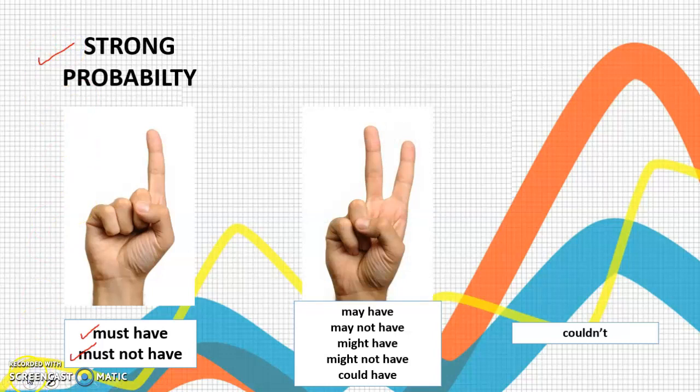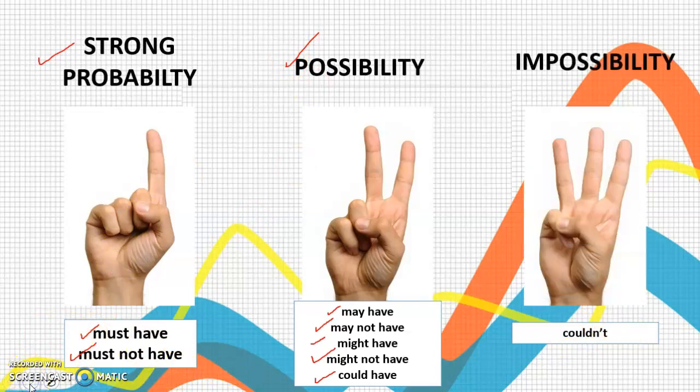When we use this other group of modal verbs, may have, may not have, might have, might not have, or could have, we are expressing a possibility. And when we use the modal verb couldn't have, we express impossibility. So this is the degree of certainty that we have.